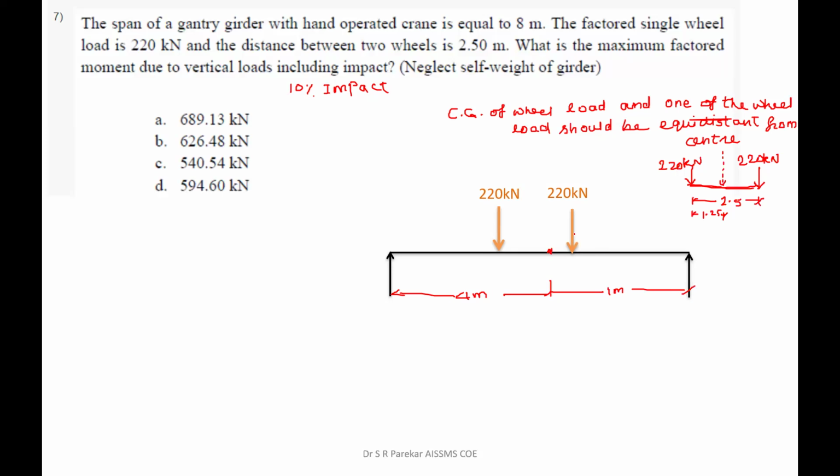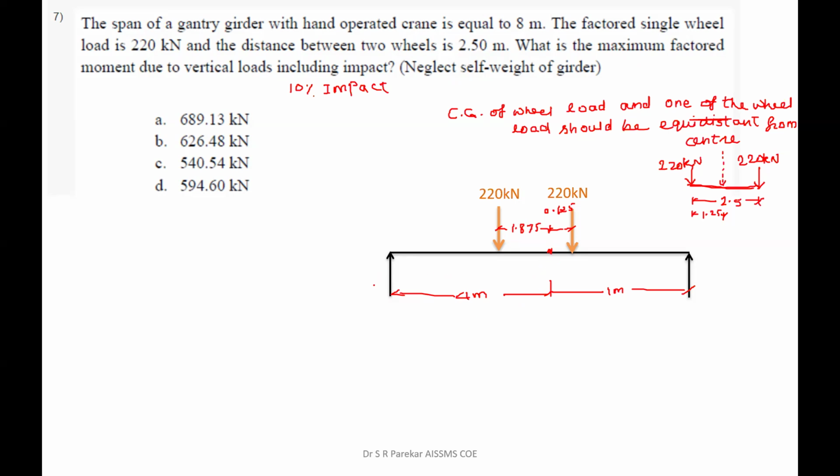One of the wheel loads means I will get this distance as 0.625, because it is half of this. So this is 0.625, and this distance becomes 1.875. And then we have distances accordingly.